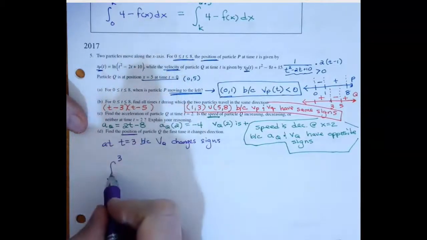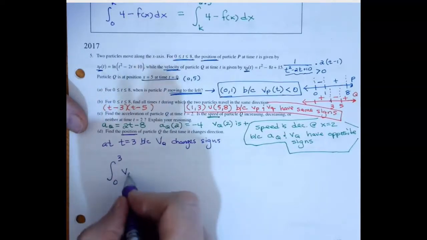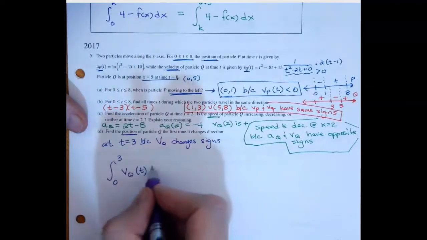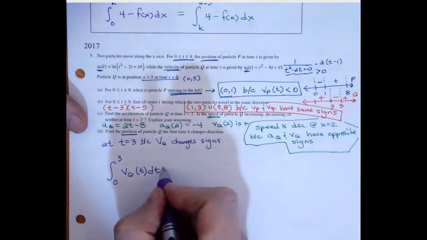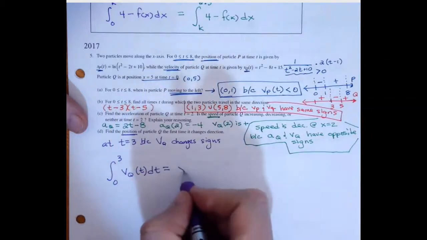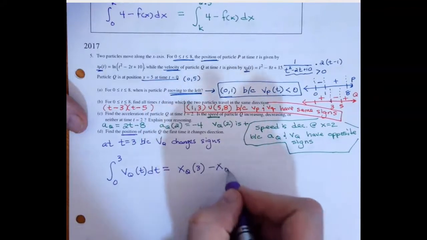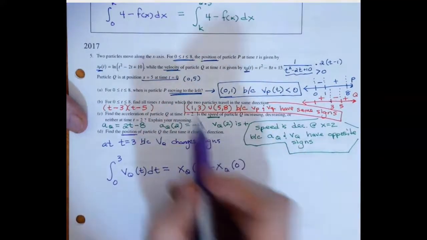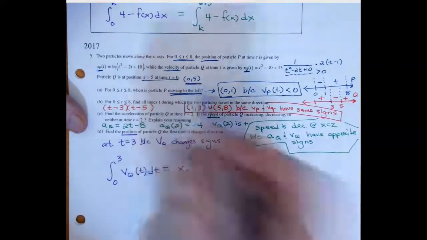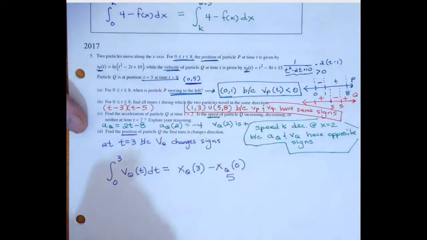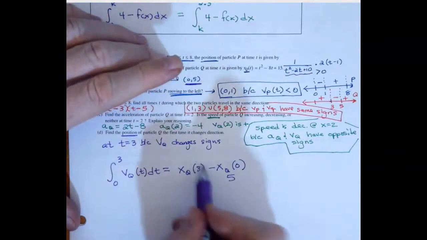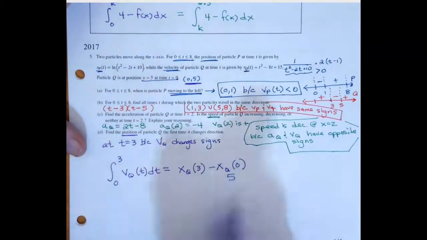So we need to integrate velocity. We're integrating the velocity of Q, and that's going to be the position of Q at 3 minus the position of Q at 0, which they gave us up here. That's 5. And we're solving for this, so we need to take this and add 5 to it.